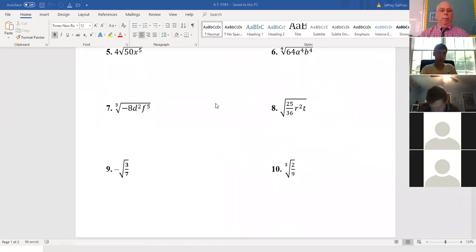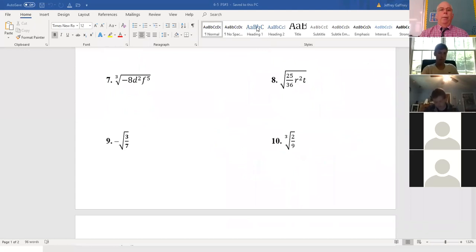You may want to also rewrite this as negative radical 3 over radical 7, right? Remember the golden rule, I don't know who made it, but it's the rule: no radicals in the denominator. So how do we fix that? We multiply it times itself.